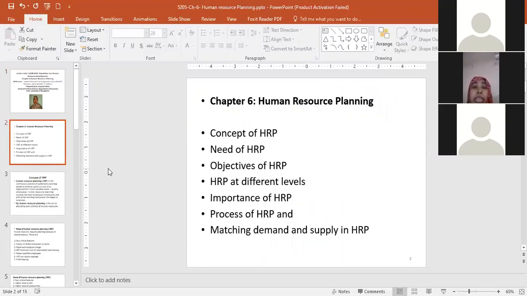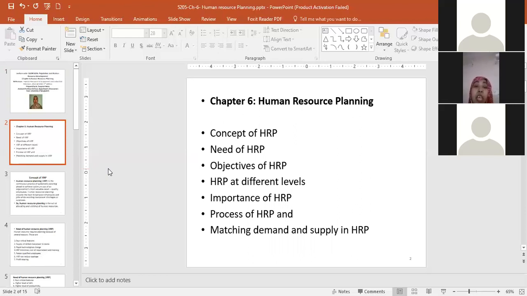So in this chapter, we will study the concept of HRP, need of HRP, objectives of HRP, HRP at different levels, importance of HRP, process of HRP, and matching demand and supply in HRP.